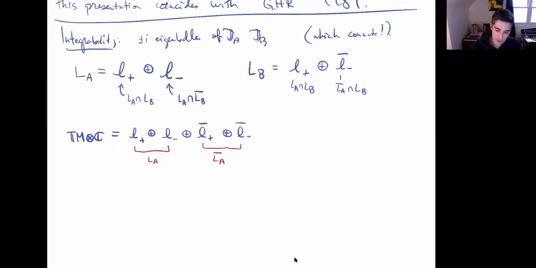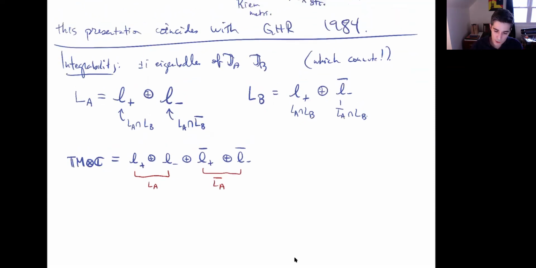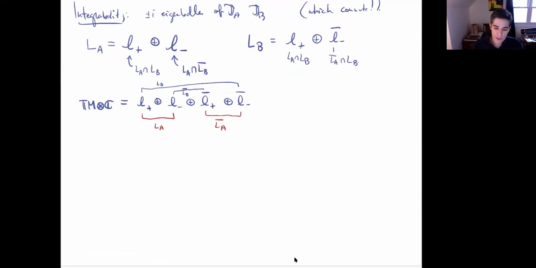And LB, usually blue, so this is LB, and this is LB bar. These are all equidimensional. They all have the same dimension n.